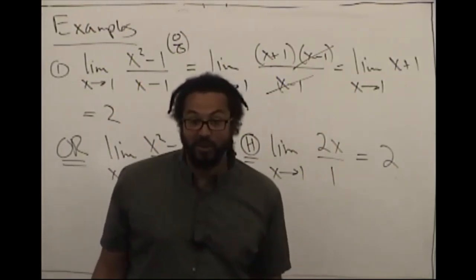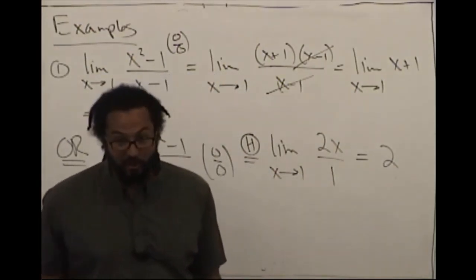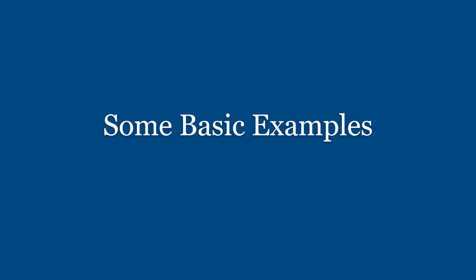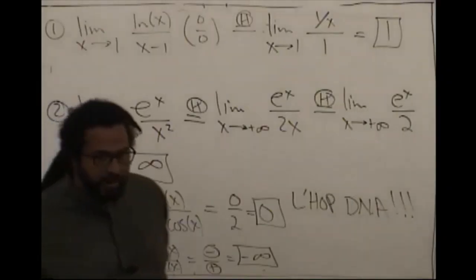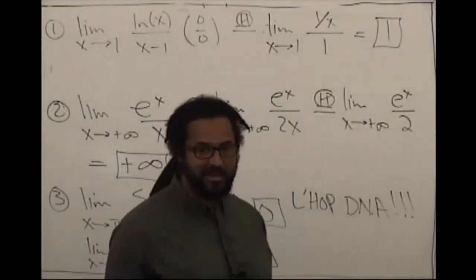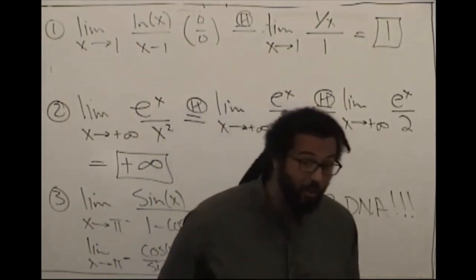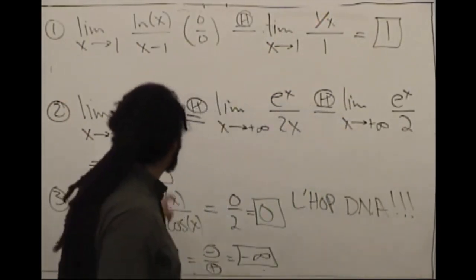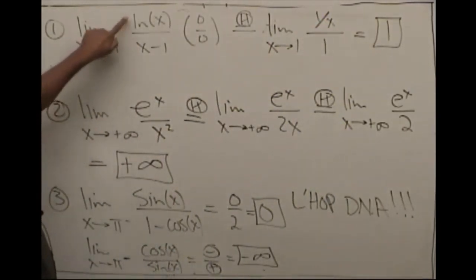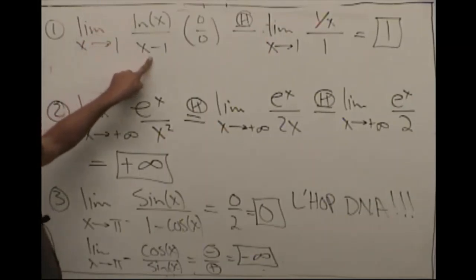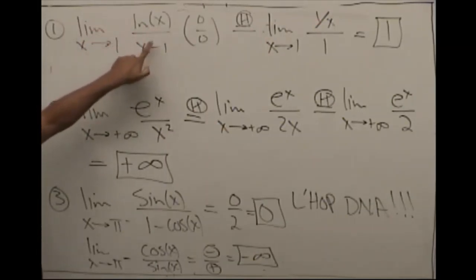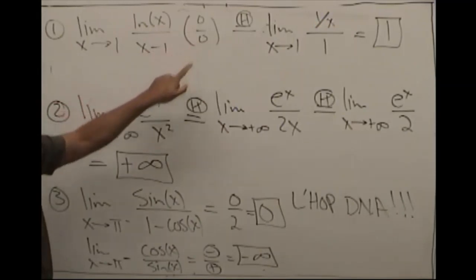Okay, let's look at a few other examples just using L'Hopital's rule. Here are 3 very easy examples. Well, 2 examples and 1 non-example. The limit as x approaches 1 of natural log of x over x minus 1. If you plug in a 1, you get 0 over 0.